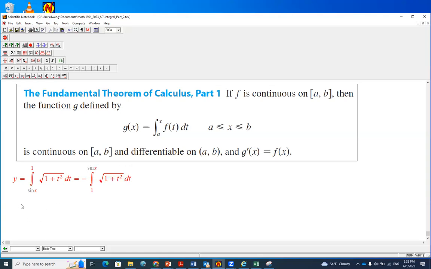So when I do dy dx, I'm going to take a derivative. We'll put a negative sign. So derivative dx, right? We bring this in.